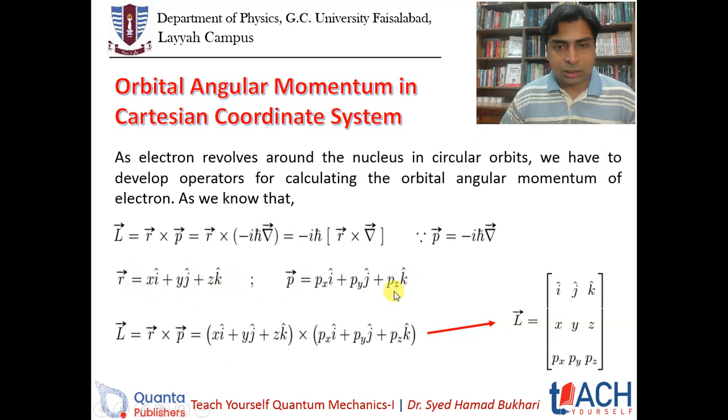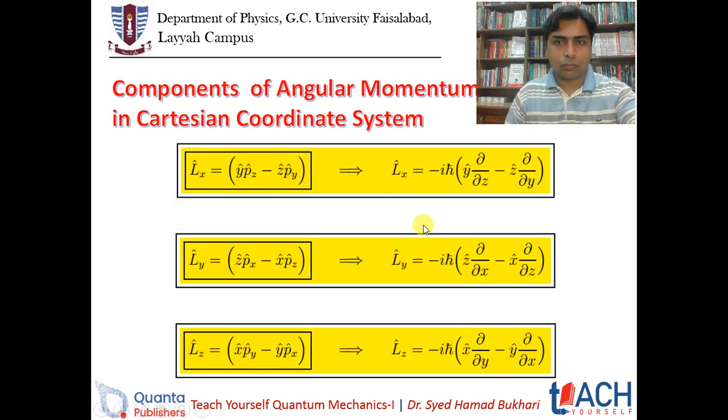We know that in Cartesian coordinates in terms of i, j, k. तो हम इनके क्रॉस प्रोडक्ट अगर डायरेक्टली कैलकुलेट करें तो हमारे पास R और P की वैल्यू होगी, तो इनका क्रॉस प्रोडक्ट कैलकुलेट करेंगे और वहां से उसको मैट्रिसेस फॉर्म में कन्वर्ट कर सकते हैं इजीली हम इसको इस शक्ल में. It's i, j, k, x, y, z and px, py, pz. तो अब हम उसके जो कंपोनेंट्स हैं उसको हम डिफाइन कर सकते हैं, उनको हम कैलकुलेट कर सकते हैं इजीली.